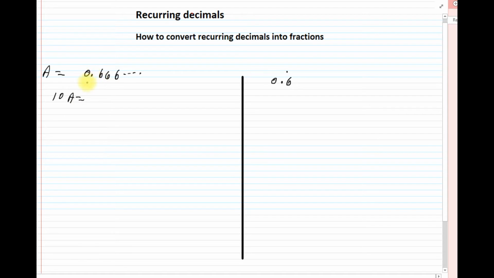If I multiply 0.666 by 10, the decimal point moves one location forward. I'll have 6.666, whatever. Now, if I rewrite the original expression under this, this would be 0.666 forever.